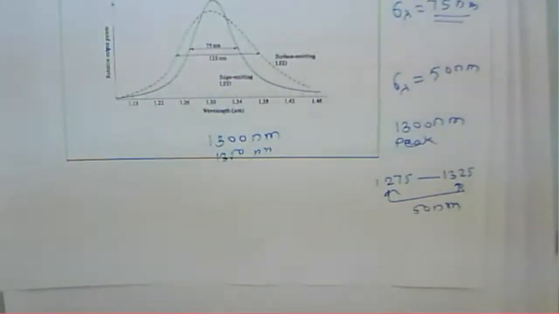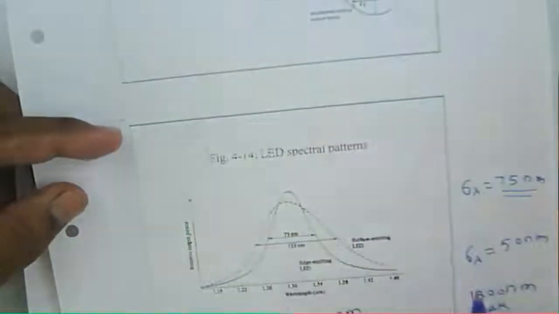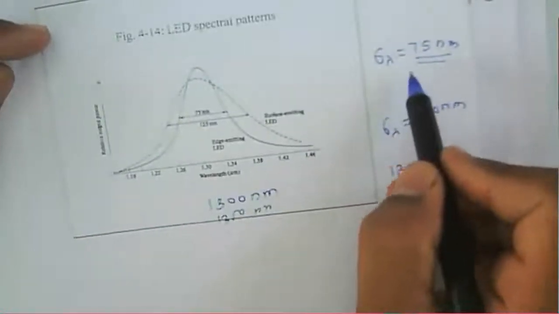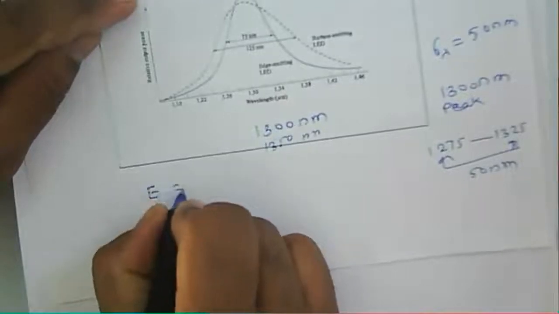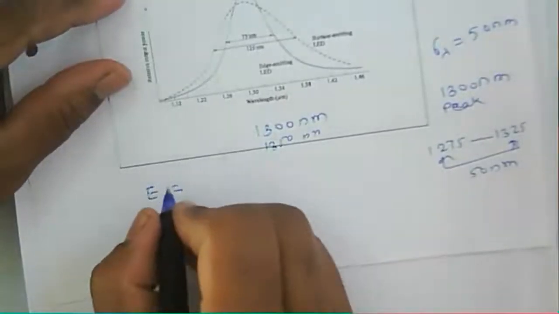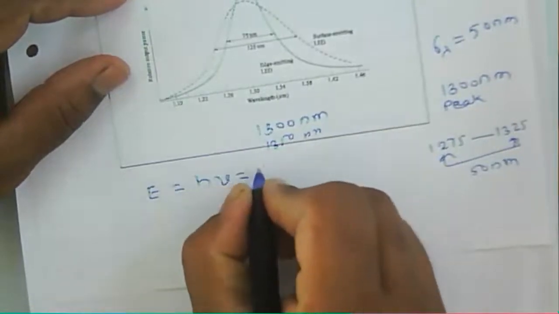That is the radiation for the given particular source. So if you consider a different material or material combination, then the spectral width will change. So we say that the band gap of energy is nothing but, we say, Hv is equal to what?